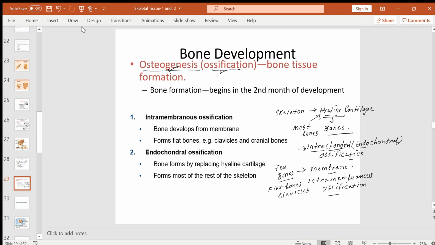Okay, the rest of the bones come from the hyaline cartilage of the fetal skeleton. Okay, so these are two types of ossification or bone formation: intramembranous and endochondral, or intrachondral.